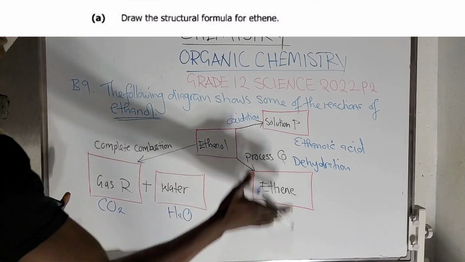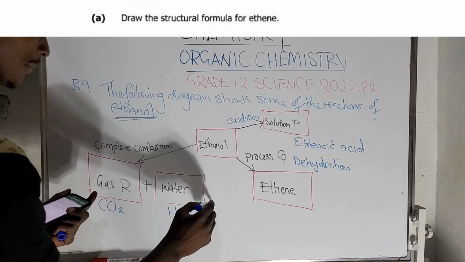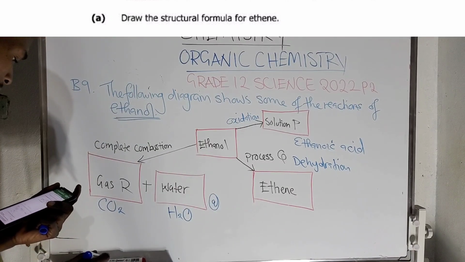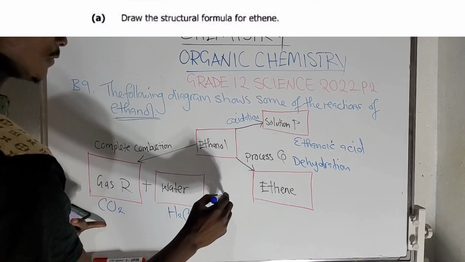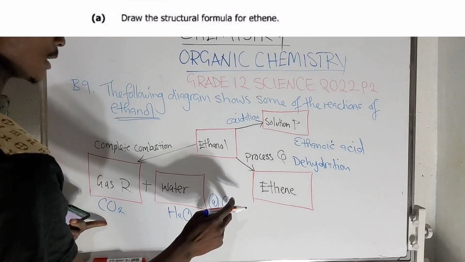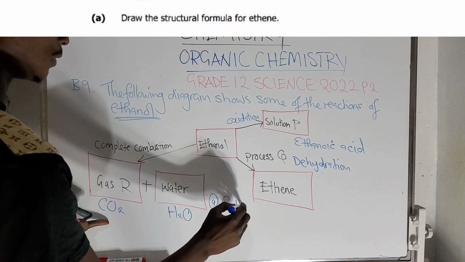So you notice that we've answered most of the questions. Question A says, draw the structural formula of ethene. Ethene, the molecular formula is C2H4.